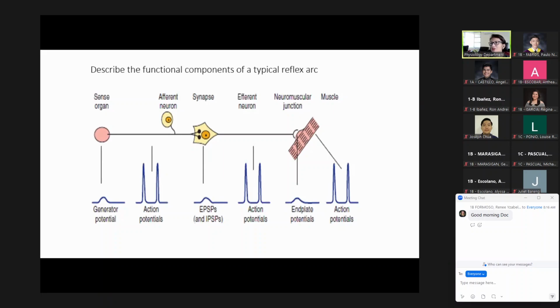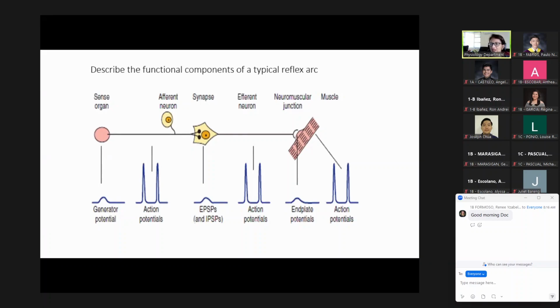So, iba yun. Okay, iba ito. What are some examples of receptor organs that you remember from your general senses and special senses? Okay, ano yung mga receptor organs natin doon? Pwede sa chat, pwedeng sumagot. I can see it. Ano mga receptor organs natin doon? Yes, we have our mechanoreceptors.